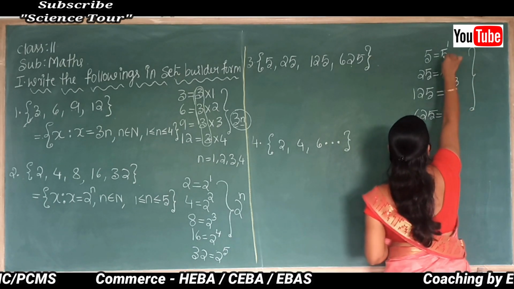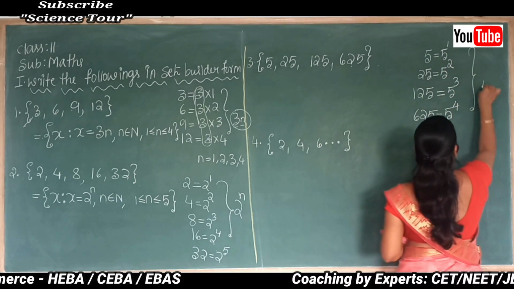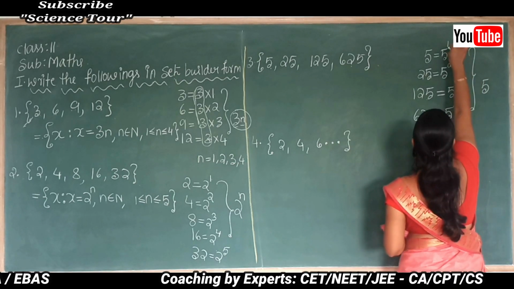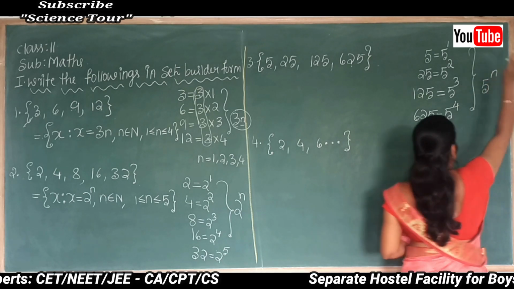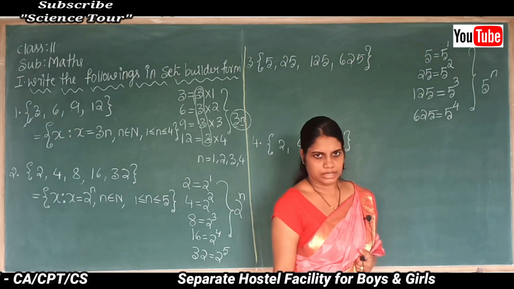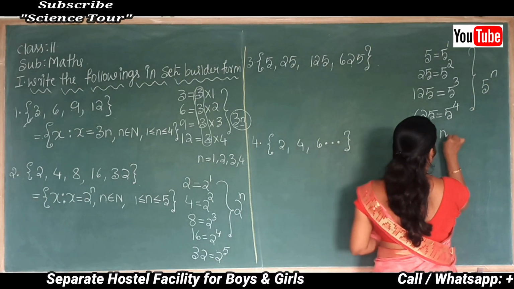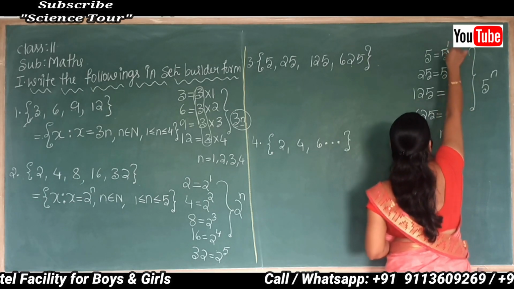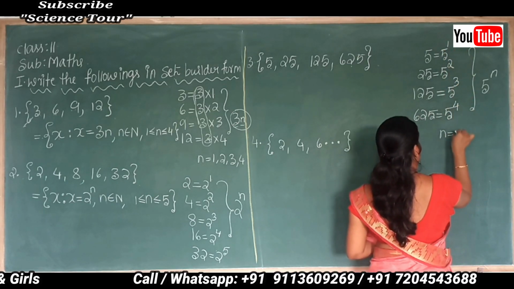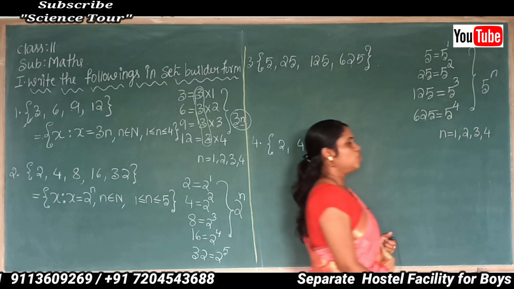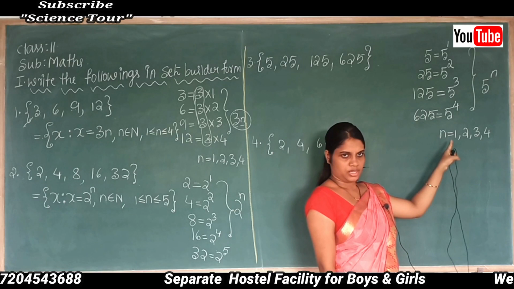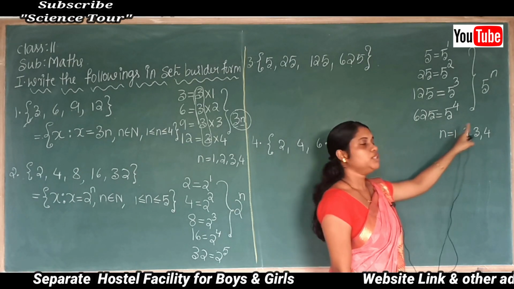What is the value of base here? 5. Only the exponent value is varying, so I'll write 5 to the power n. Also, which are the values of n here? 1, 2, 3, 4. So the value of n is varying from 1 to 4.